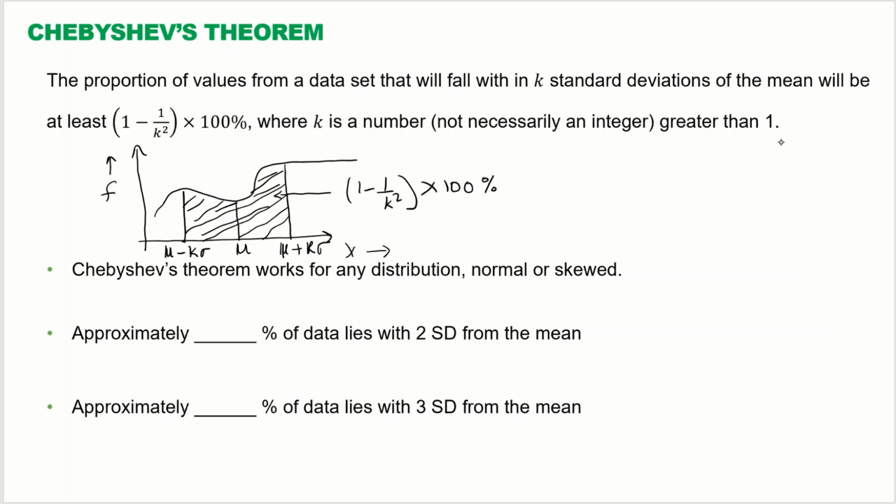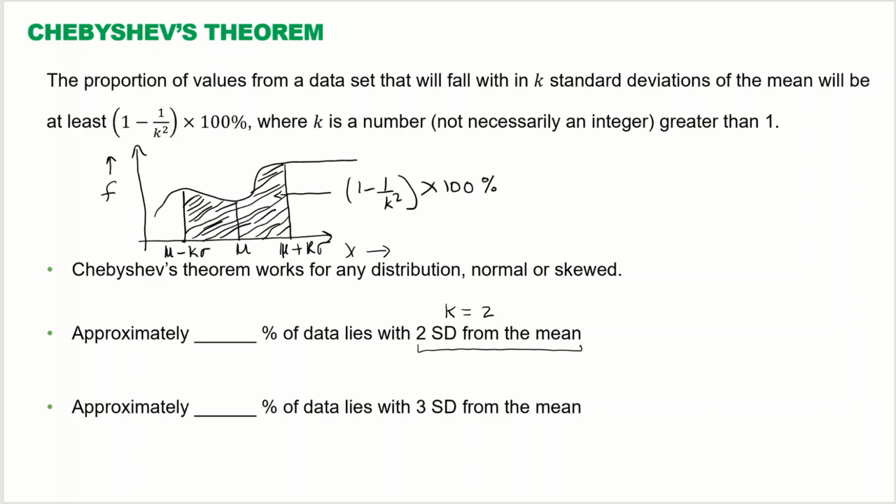For example, if I want to find the amount of data that lies within 2 standard deviations from the mean, we substitute k equal to 2 in the above equation. Let's plug in that value.